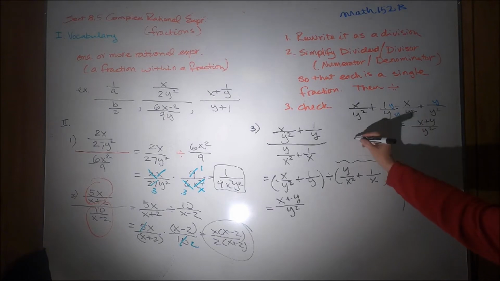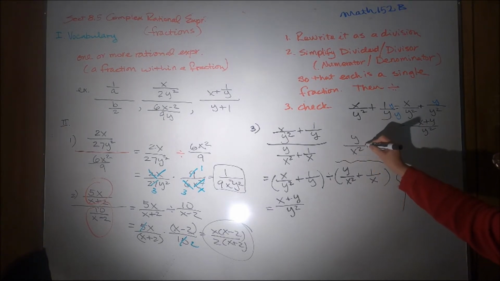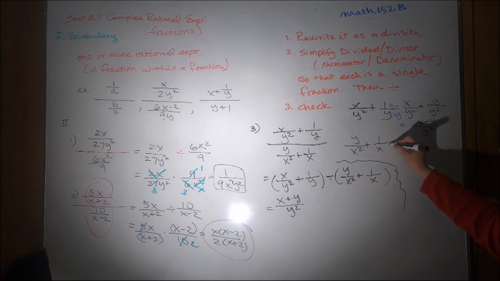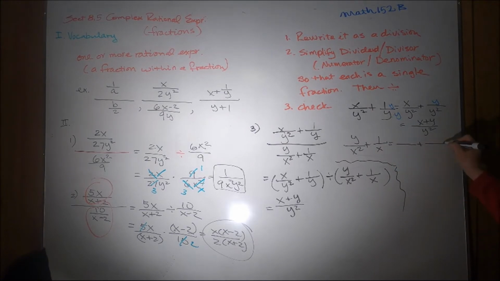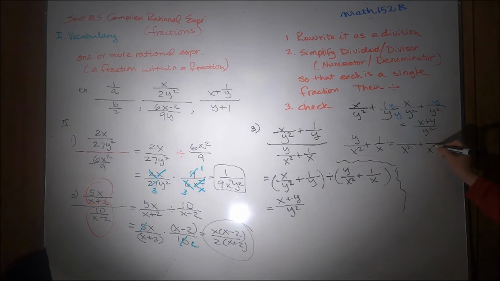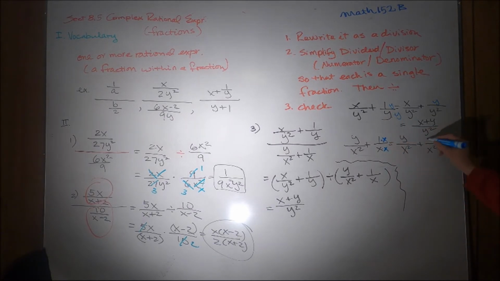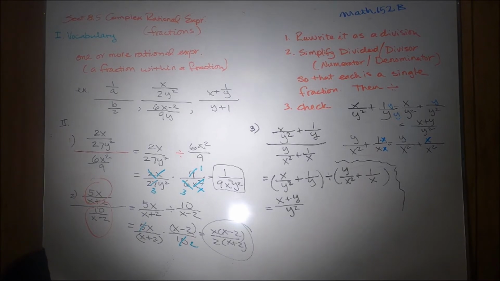Then for the divisor, we wanted to make it as a single fraction as well, which we will use LCD, right? For x squared and x, it would be x squared. That would be y, and the second one will be multiplying by x, right?